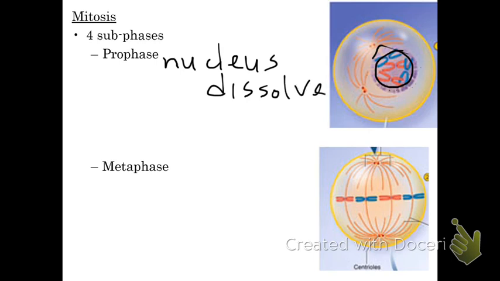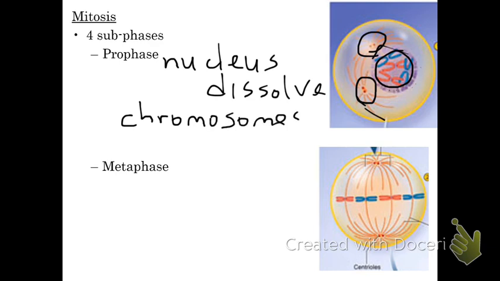And these organelles, the centrioles, the centromere pairs are going to now head to their respective poles. And the third thing is that the chromosomes are going to become visible under the microscope.